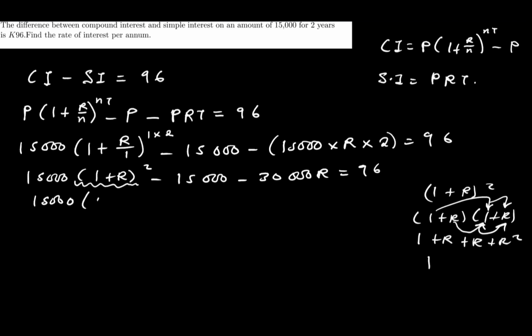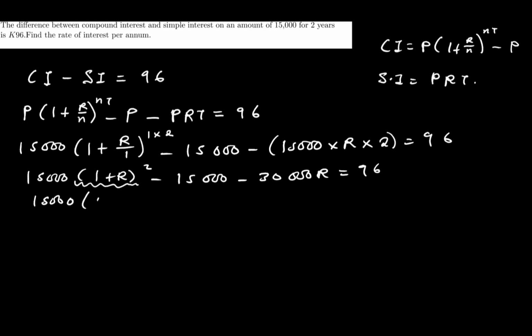So we have 1 plus 2R plus R squared. So that will be the expansion. So we have 15,000 times 1 plus 2R plus R squared, then minus 15,000 minus 30,000 R being equal to 96.